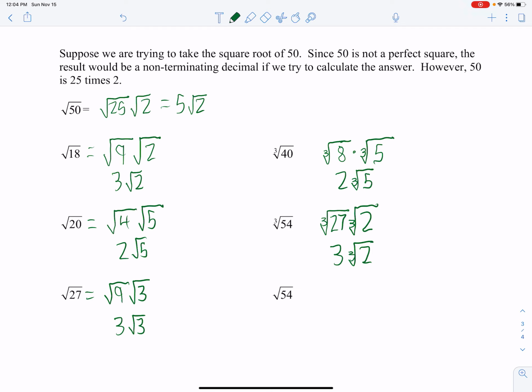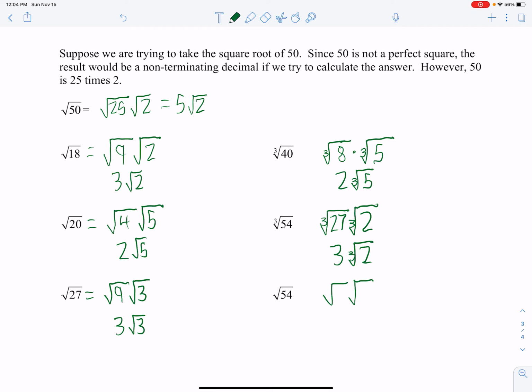Or the last one, the square root of 54. Unlike the cube root problem up above, splitting it up into 27 times 2 wouldn't help in this case because we can't take the square root of 27 or the square root of 2. We need cube roots. Remember with square roots, you're looking for numbers you can take the square root of.